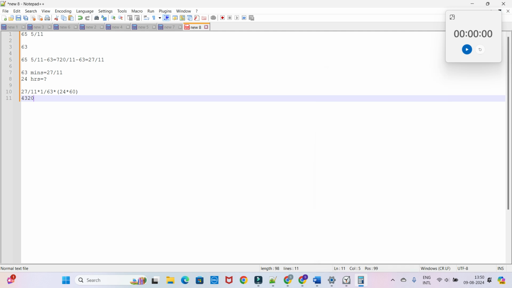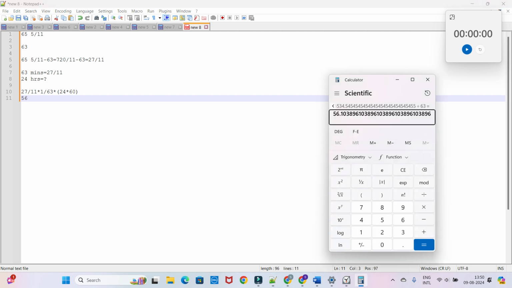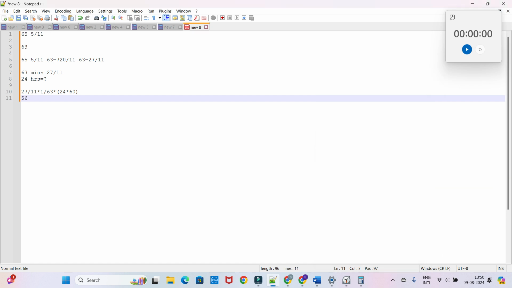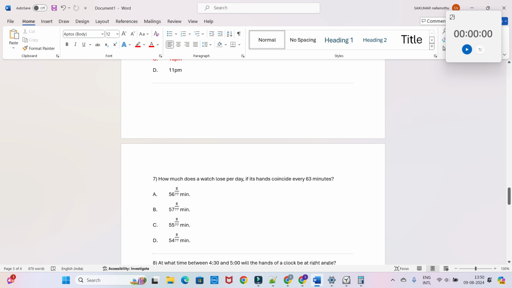So this final output would be 56. There is only one option with 56, so the option would be 56 8/11.